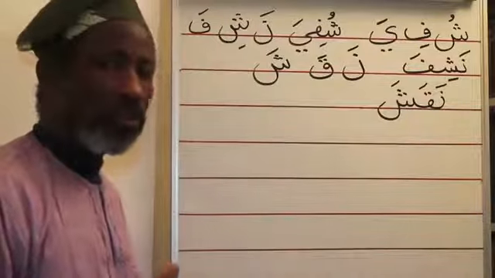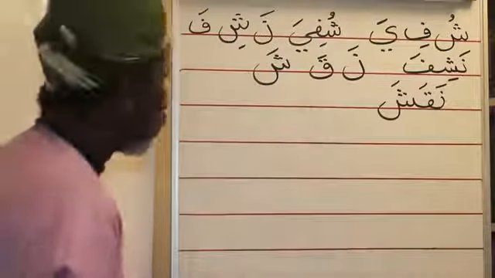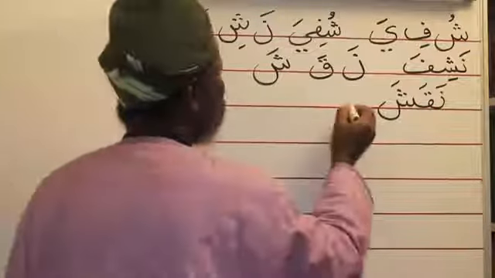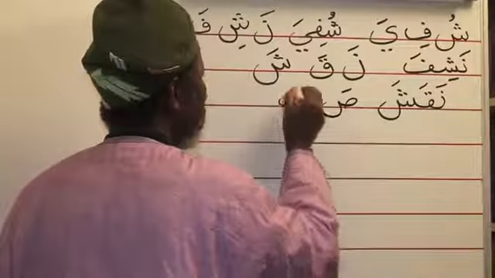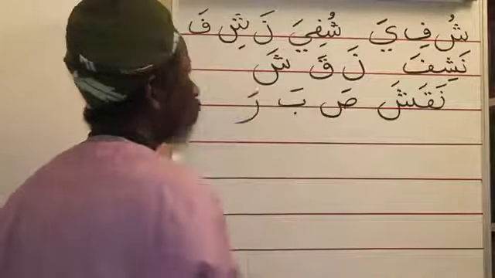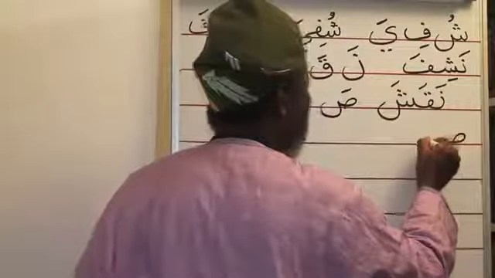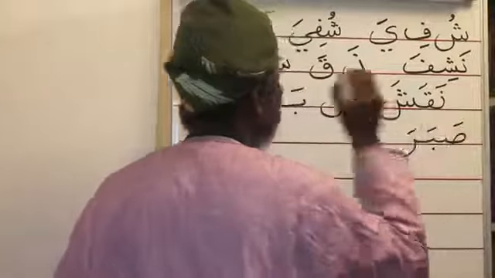Still on page 34, we start letter sod. So in the beginning, sobara. So, ba, ra. Sobara. Join. So, ba, ra.